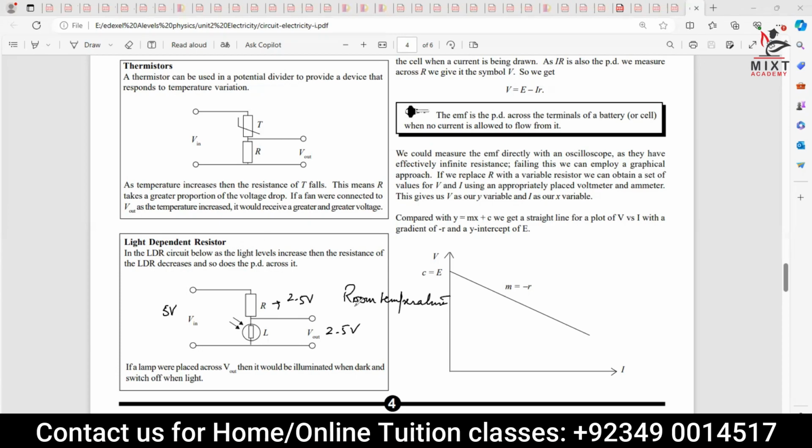This is happening at room temperature. Take this scenario in a factory, where for any reason the temperature suddenly increases, very badly. You tell me, if the temperature starts rising, what will be the resistance of this LDR? It will decrease.